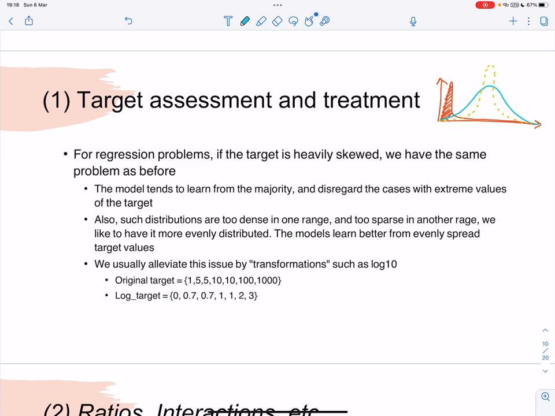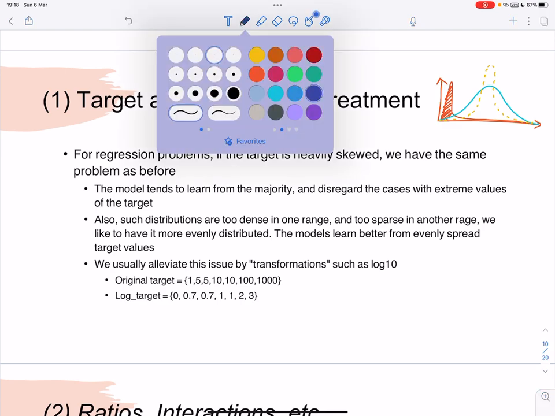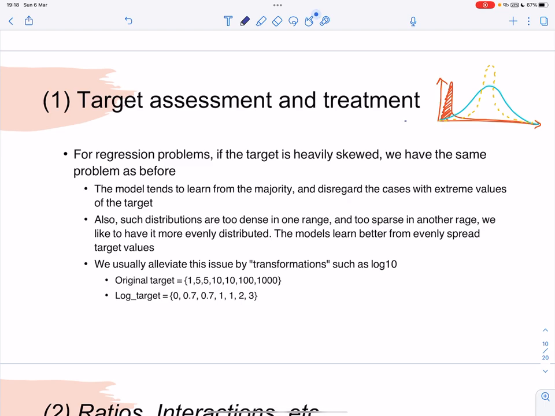So something like this would be even more helpful. Something like this probably would be even more helpful, a distribution like this. And how to do so actually? Well, transformations such as logarithm, and there are other transformations. Logarithm is the simplest one and the most common one. It might be handy in this situation.